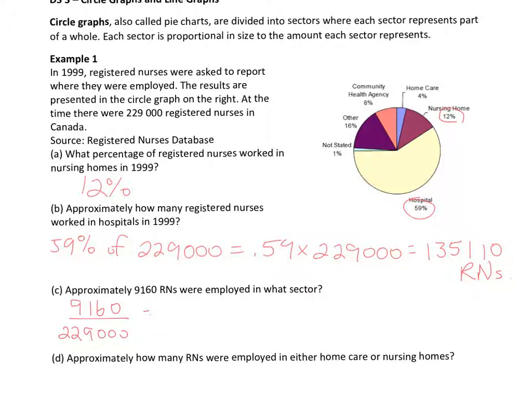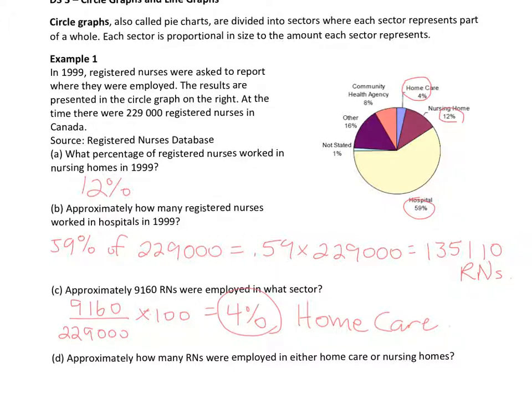And we'll multiply by 100 to turn it into a percent right away, and we'll get 4%. Once we have the percent, we can see that that represents home care. So approximately 9,160 RNs were employed in the home care sector.